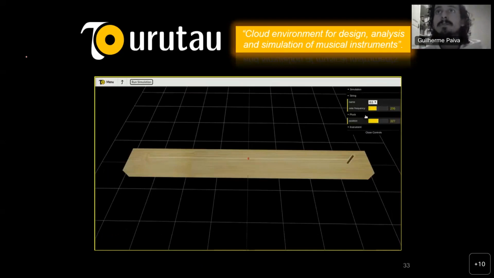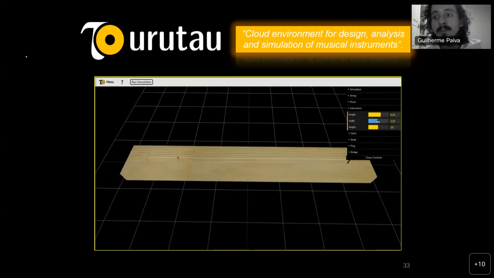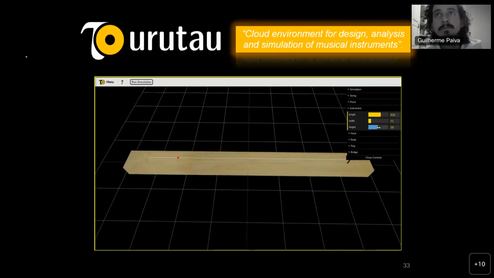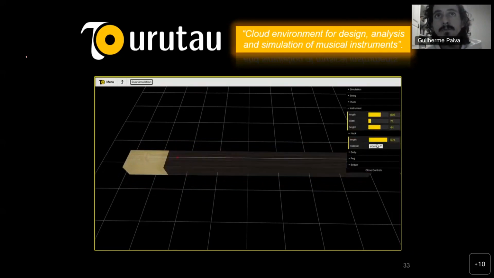You can tune the frequency, for example. The plug position, we can choose. Geometry parameters of the instrument, for example, the length, the width, the height. We can fit the neck parameters. We can choose the materials, for example, different options of woods.